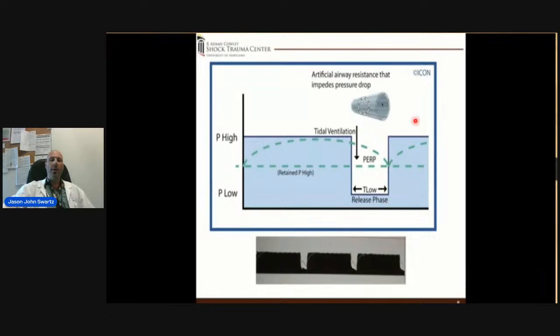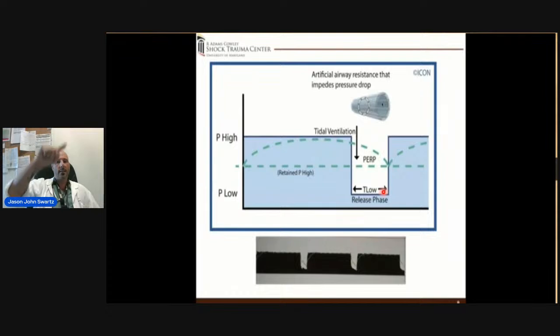Now, the slope adjustment on the vent deals with the P low and returning to your P high. So when you have a slope at 0, it'll go down and return really fast. If you compare 0 to 0.2 seconds, here's 0, it bounces up fast. Here's a slope of 0.2 or 20%.